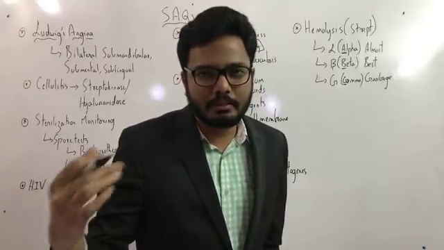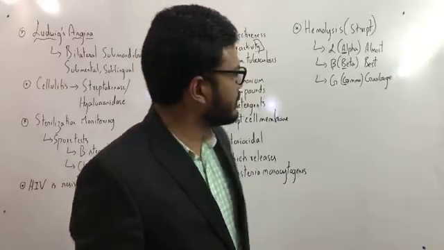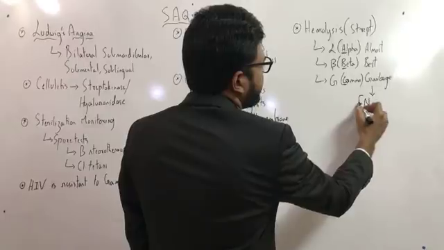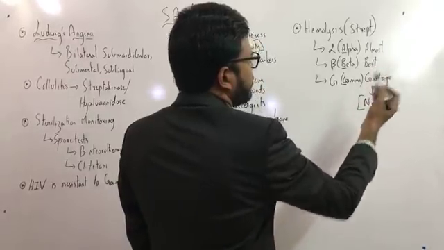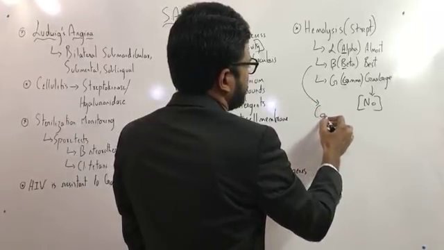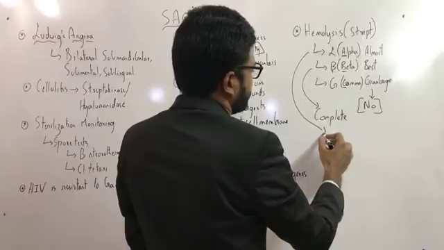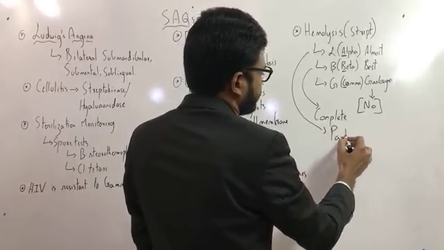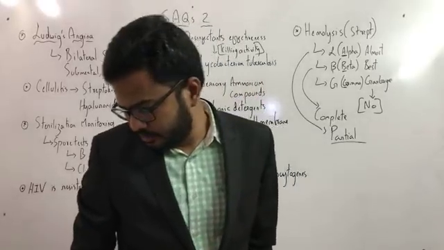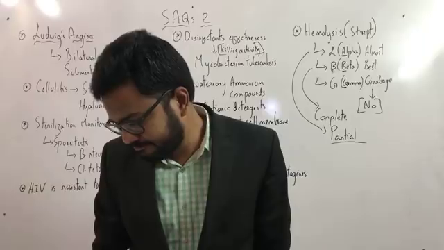Beta, best, complete hemolysis. Gamma, garbage, no hemolysis. I'm not sure if you can see if I write there. So complete hemolysis, partial hemolysis, right? Yes, good.